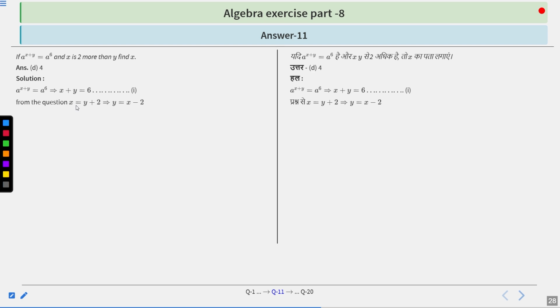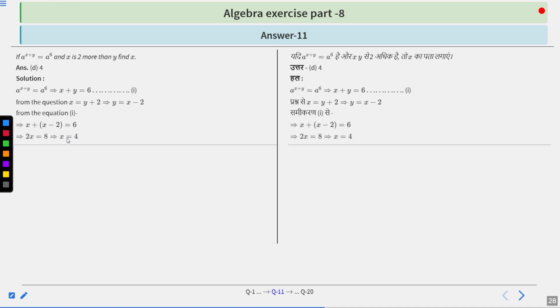Thus we can say x is equal to y plus 2 or y is equal to x minus 2. Now from equation 1, in place of y, we put x minus 2. That becomes x plus x minus 2 equal to 6. x plus x is 2x and 6 plus 2 is 8. Therefore, 2x equal to 8. So x is equal to 4. So value of x is 4. Option number D is the correct answer.